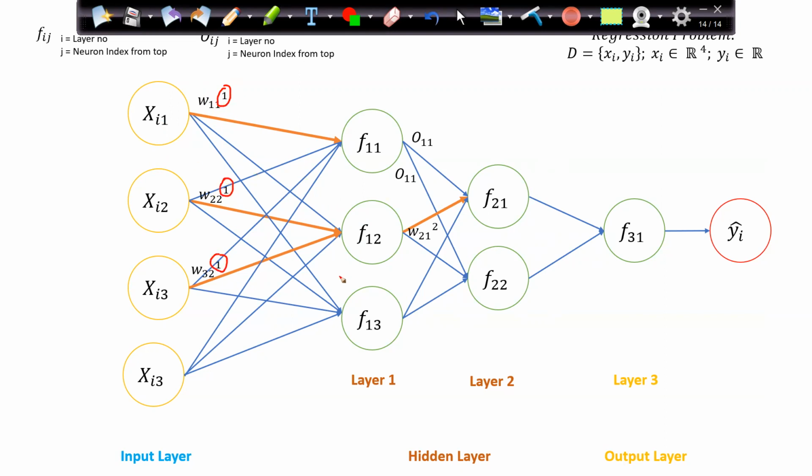Basically, which layer is the output going to? Which layer is this weight going to? Basically layer number one. From here, the weight is going to the output as layer number one. So this one means the layer.